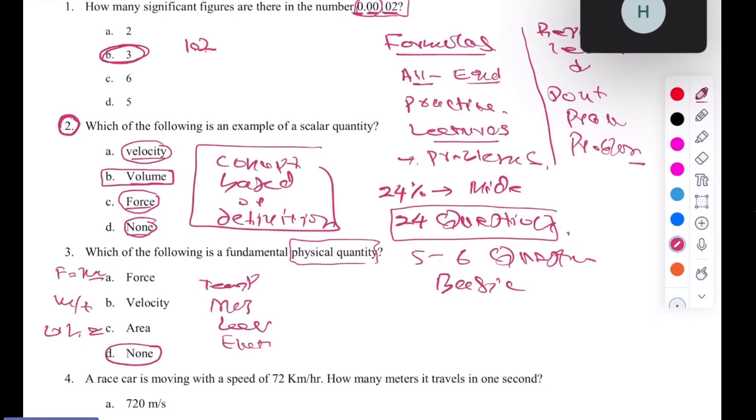So figure out in the exam how many questions are of this kind. This is your type 1 question: concept based and definition based, which don't require any kind of calculations. And there will be many more questions like this in your exam.